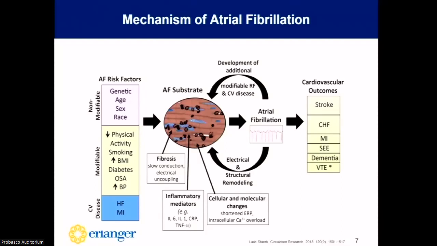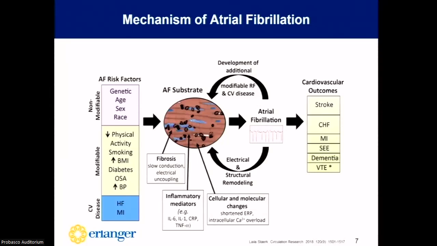There are also cellular and molecular changes, and intracellular calcium overload can also cause a prolonged refractory period. All of these coalescing variables can contribute to the AFib substrate. And then you ultimately will have a trigger that causes somebody to go into atrial fibrillation, and this is very commonly acute illness or even surgery.